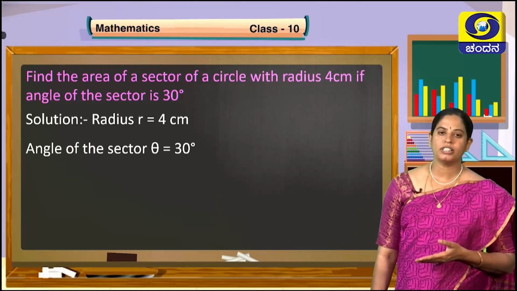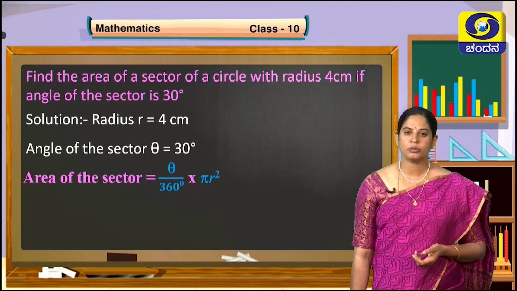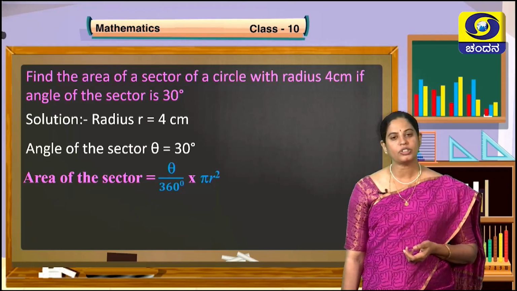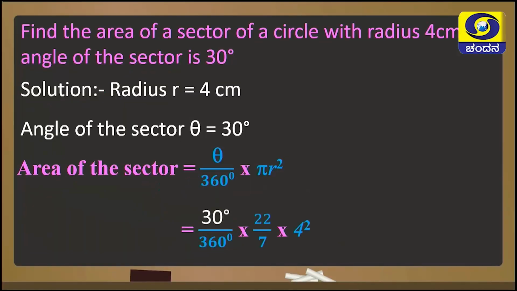Directly use the formula, that is area of the sector is theta by 360 degree into pi r square. Substitute the values given in the formula, 30 degree by 360 degree into 22 by 7 into r square, means we have to substitute the radius as 4. Observe 30 divided by 360.